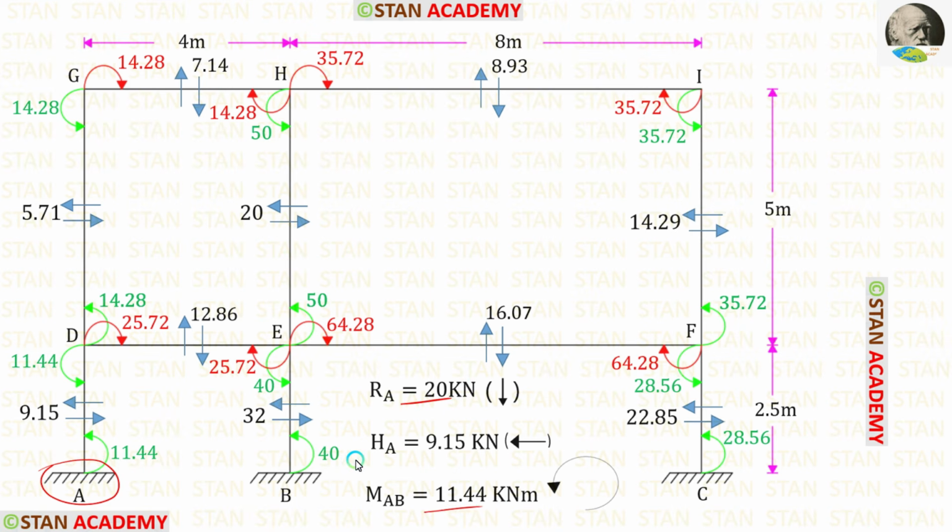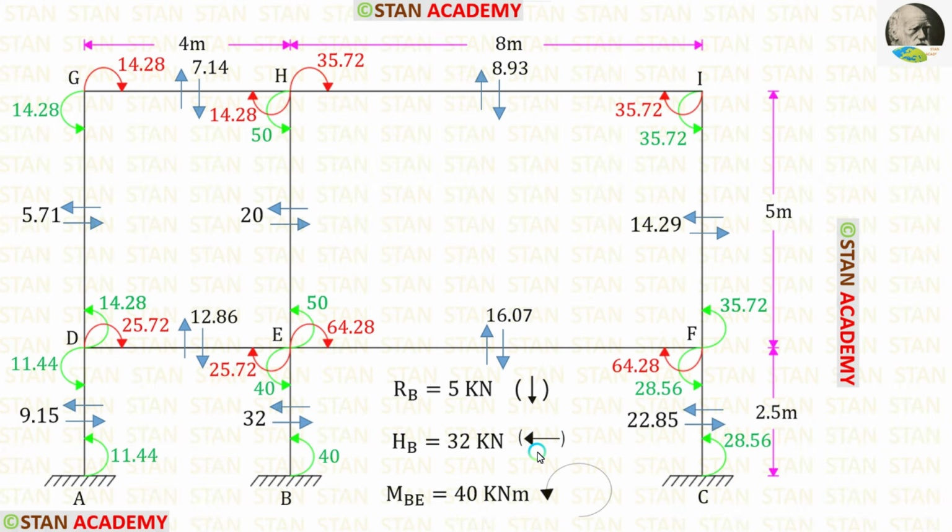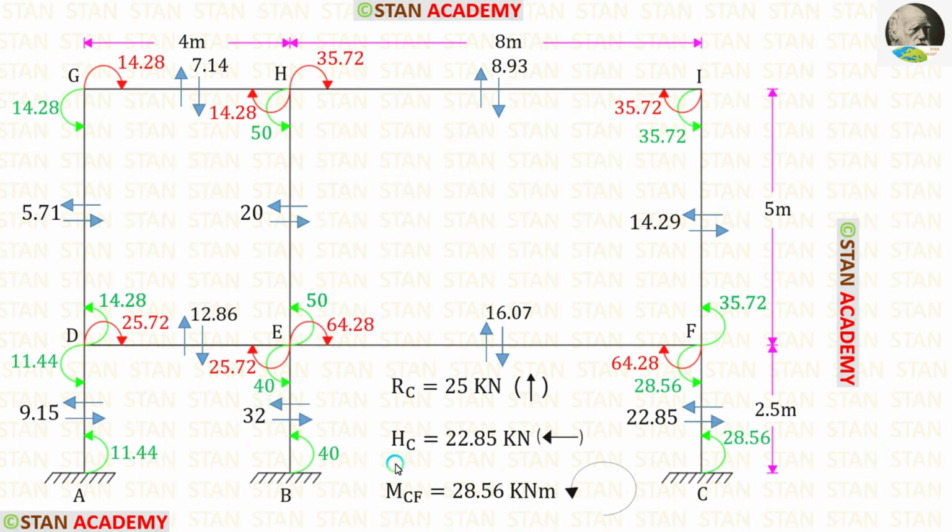Now let us find the horizontal reaction. The shear force 9.15 is acting towards the right side. So HA should be acting towards the left side. In the similar way, we can find HB and HC.